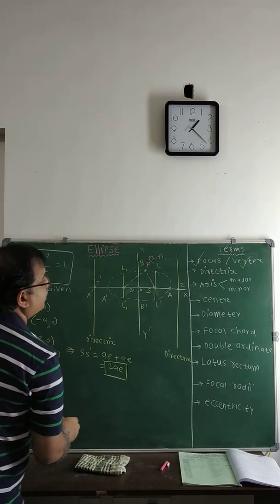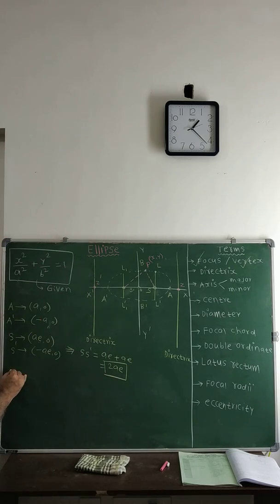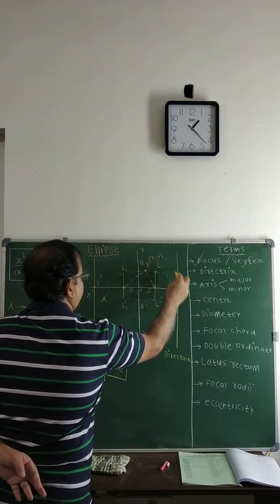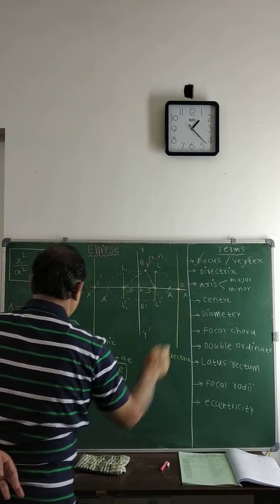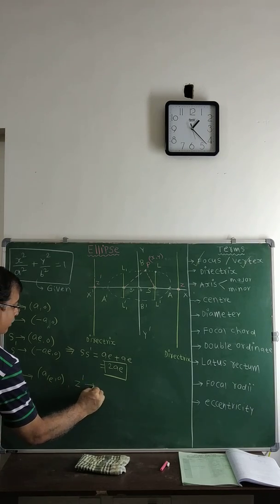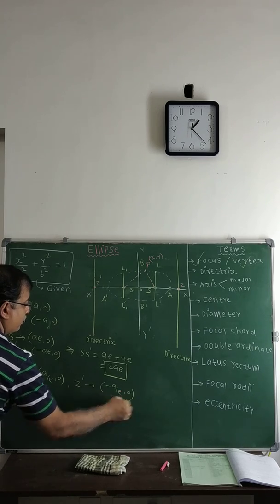The equation of directrix, or practically, if I am interested in this quantity, that is coordinate of Z, it is always a by e comma 0. That is these coordinates, the point of intersection of the directrix and the major axis. Similarly, Z dash, that is another one, it should be minus a by e comma 0.